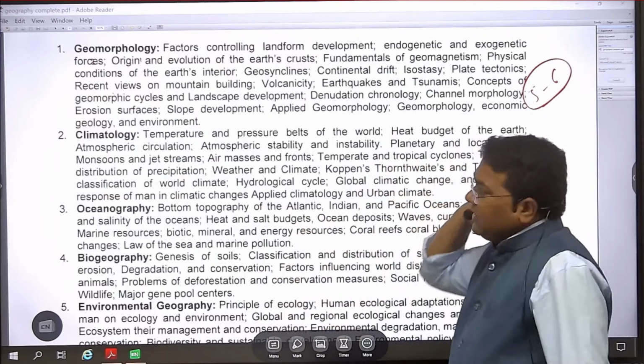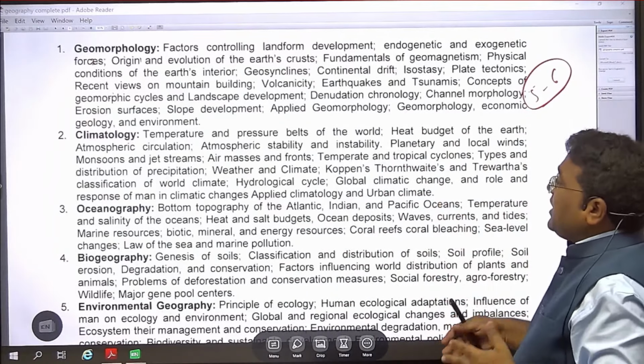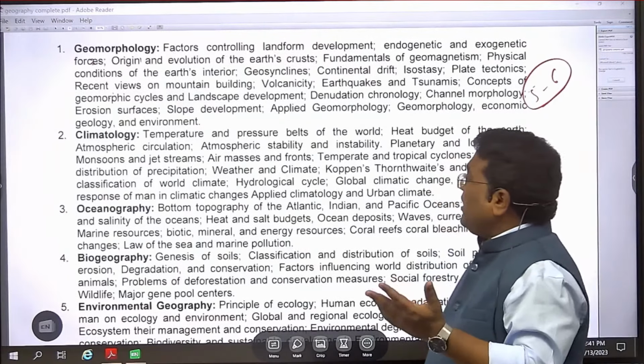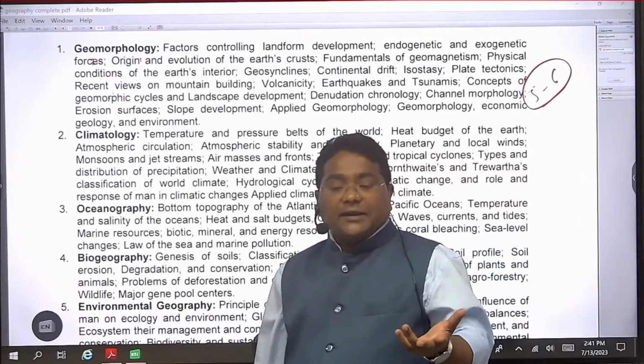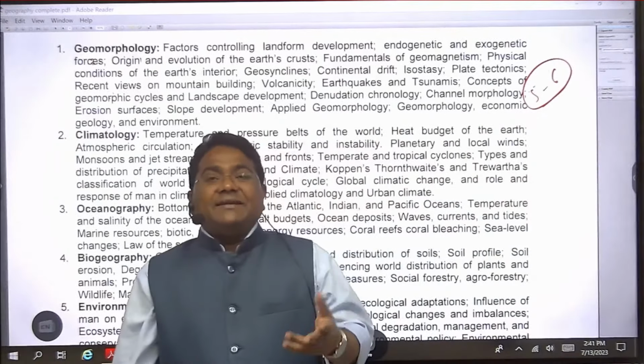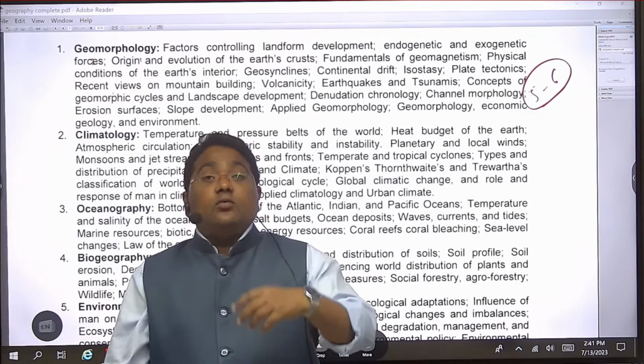Then climatology, more or less same topics like heat budget of the earth, atmospheric stability and instability, planetary and local winds. What are the planetary winds here? Like trade winds, westerlies, easterlies, planetary, global winds.